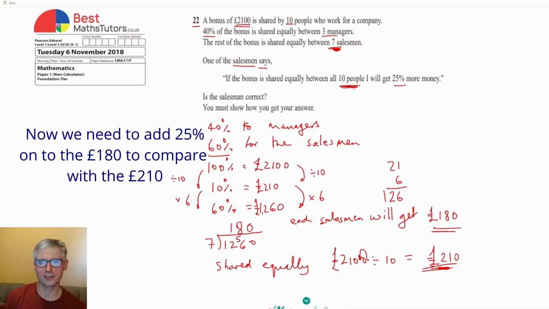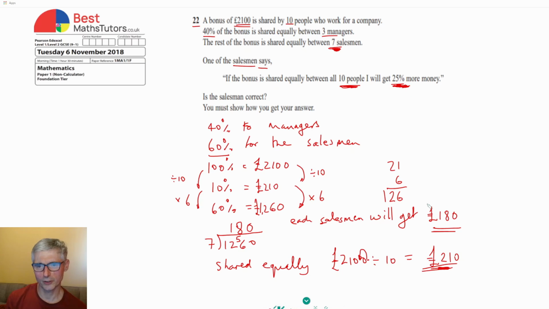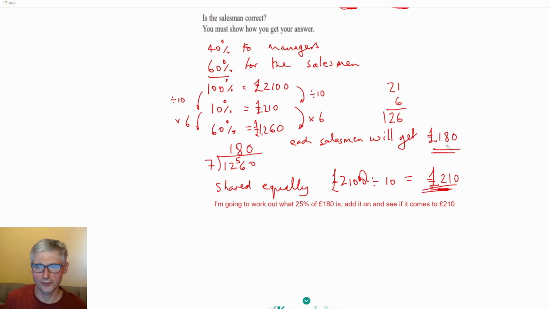And what he's saying is that would have meant he'd have got 25% more money. So the easiest way to work that out is to find out what 25% of 180 is, add it on and see if it comes to 210. So let's see if that works.